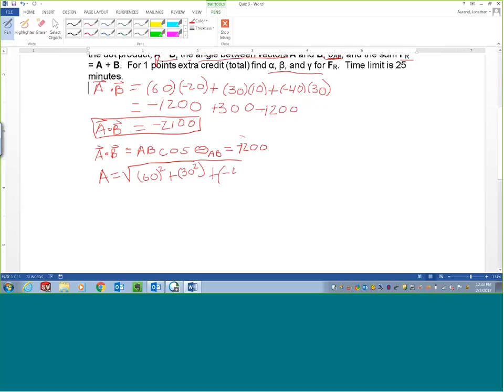So a couple mistakes here. We're going to leave this 40 squared and then put the negative sign out front. It's going to be under that. So if we do our math right there, we find that A is going to be the square root of 6100.